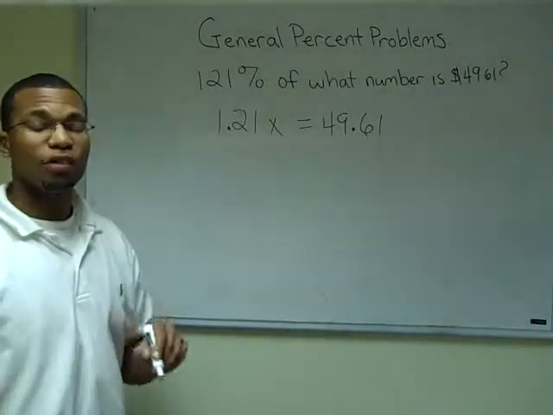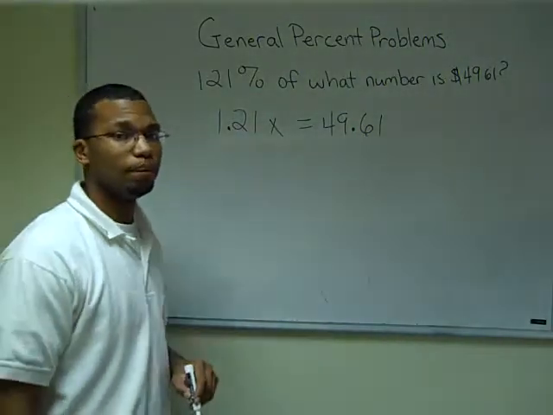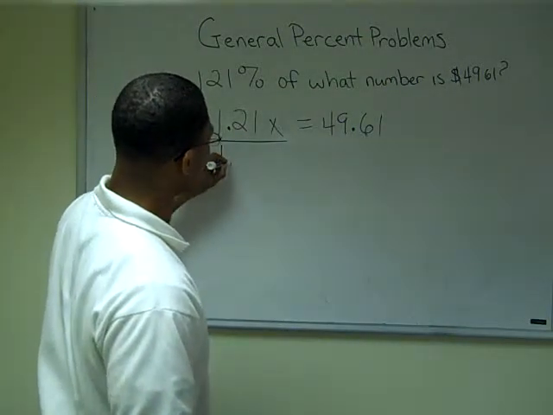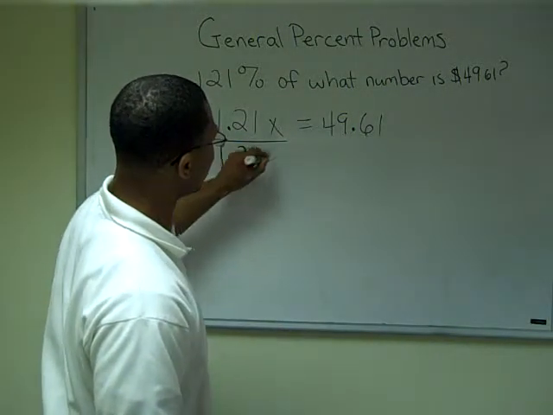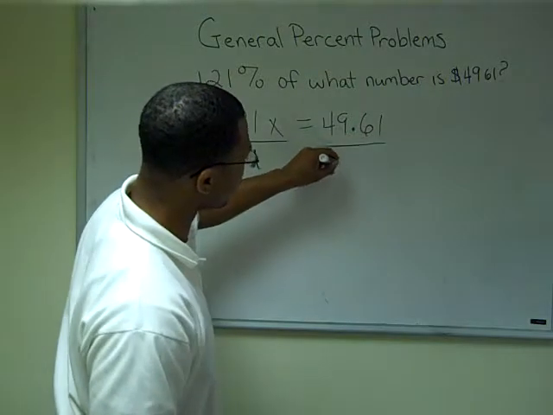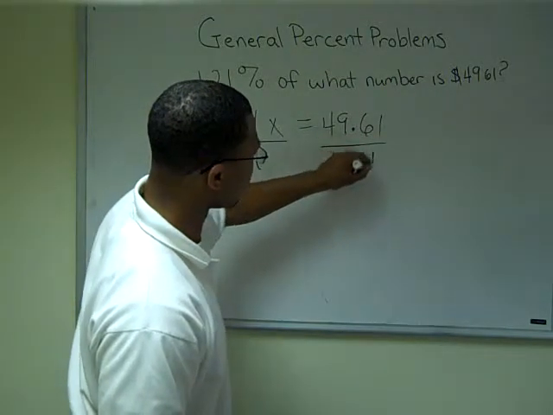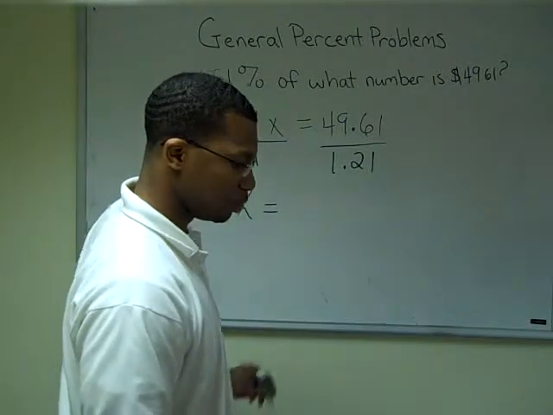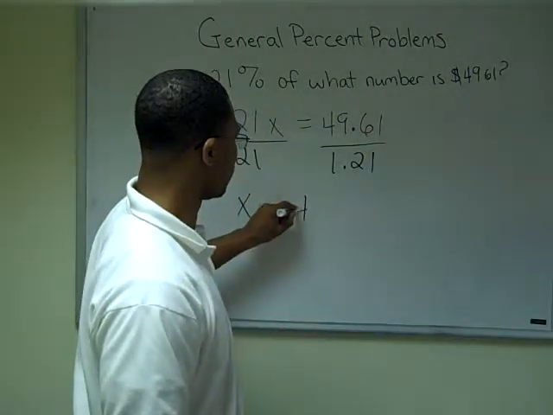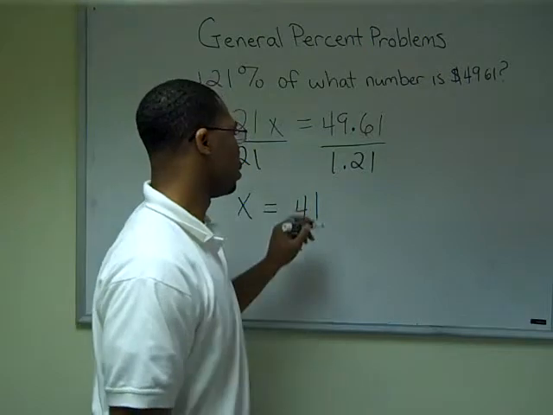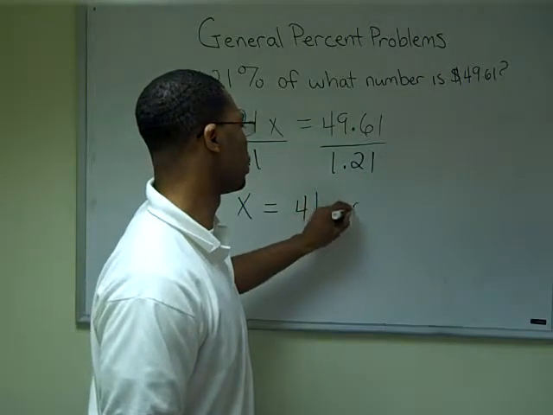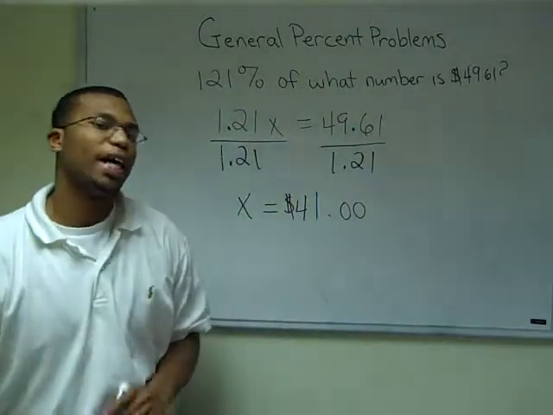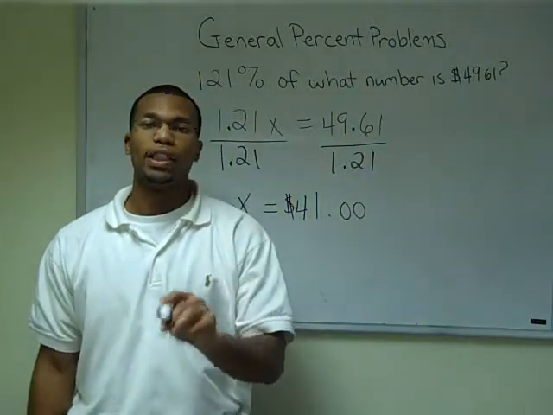We can divide both sides by 1.21 to get our answer for x. And finally, we get that x is equal to $41.